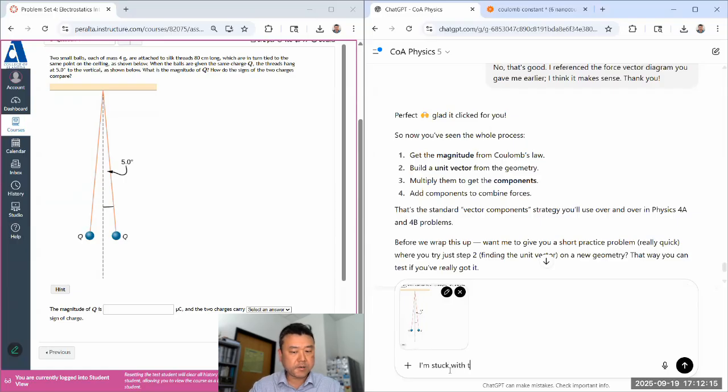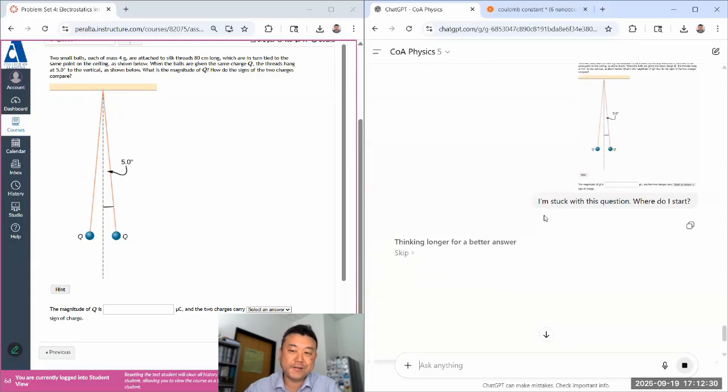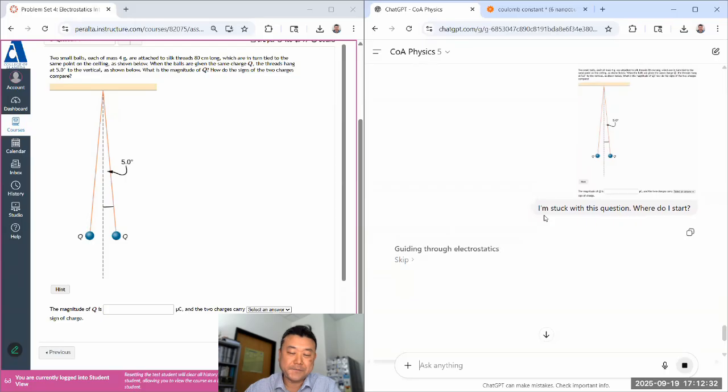I'm stuck with this question. Where do I start? I just want to see if it'll mention standard strategy. If it does, I'll be very impressed. If it doesn't, then I think that means I have to modify the system instructions somewhat.